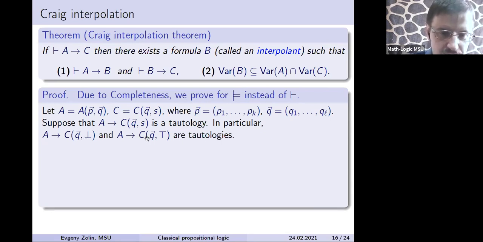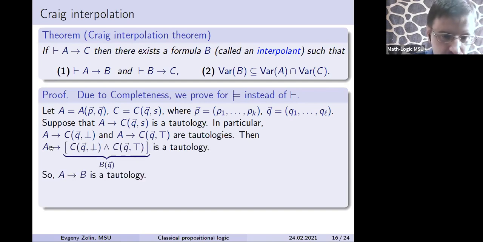So these two formulas are tautologies, and by a simple combination, you obtain that A implies the conjunction of these two formulas is again a tautology. Let us denote this conjunction by B. This formula B has exactly the variables that are common to A and C. And we already know that A implies B is a tautology. It only remains to prove that B implies C is a tautology.